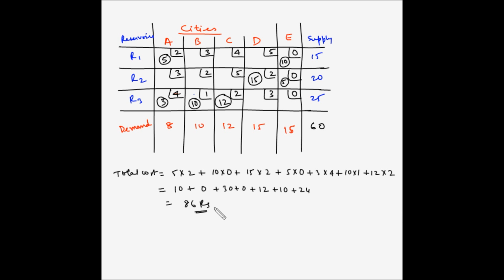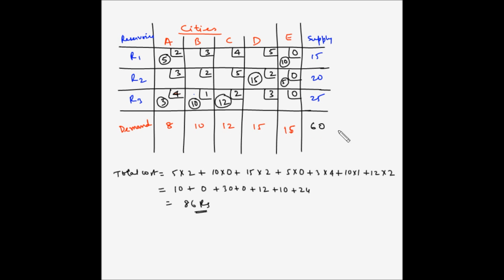Now let's find out if this is the optimal solution. Before we proceed with the optimality test, we have to first find out if this solution is acceptable to proceed with the optimality test or not. The first condition is that the number of allocations should be equal to m plus n minus 1.